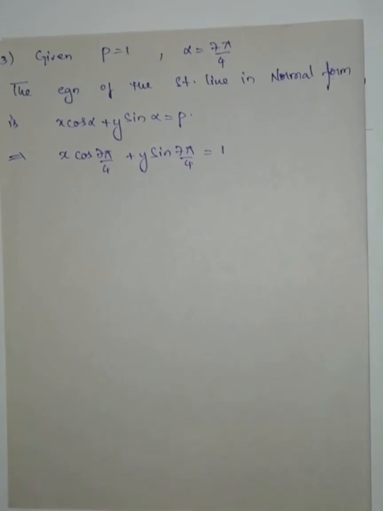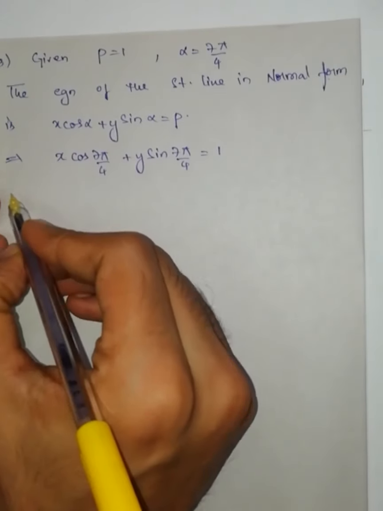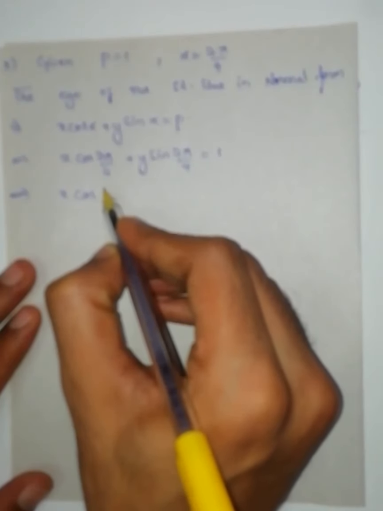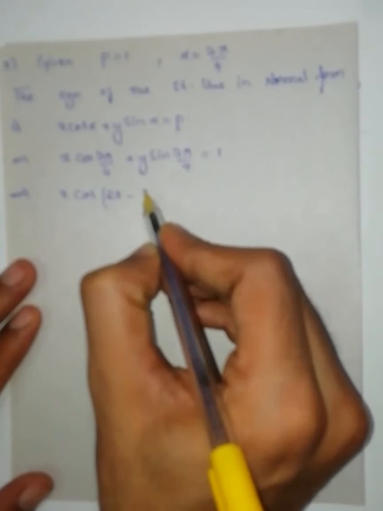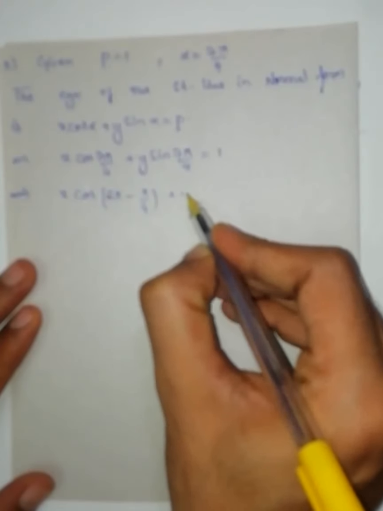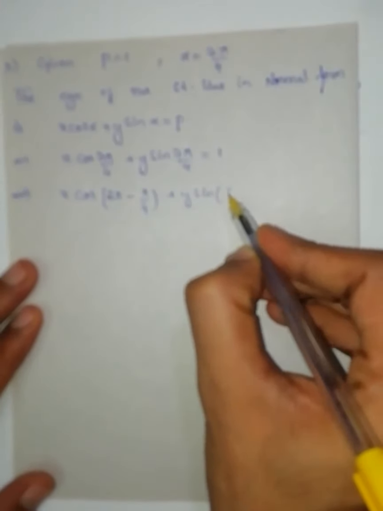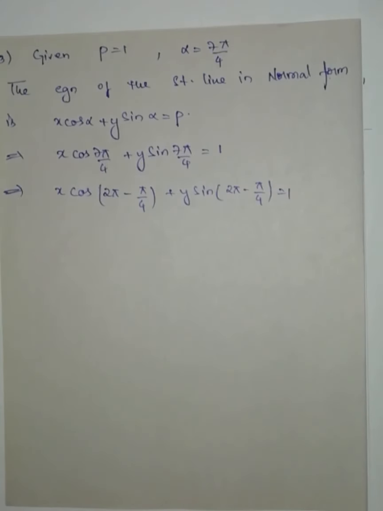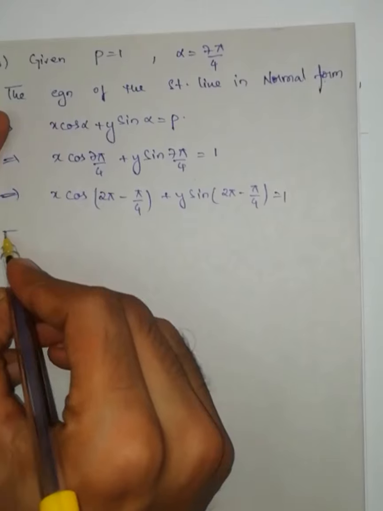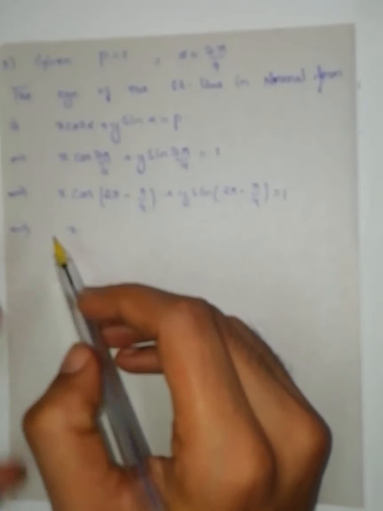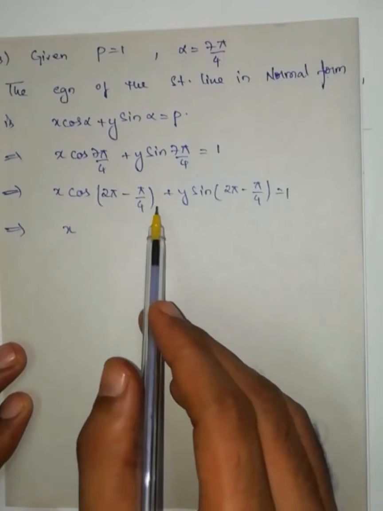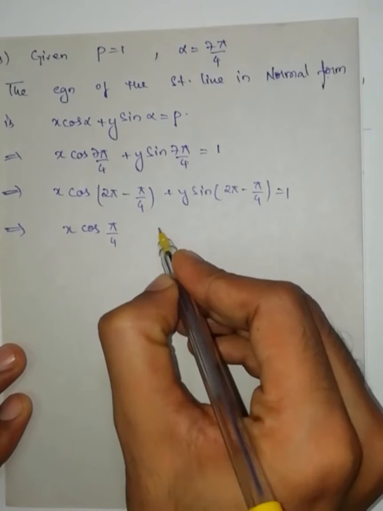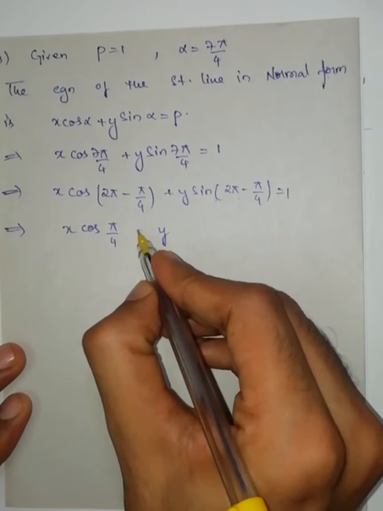This implies x cos 7 pi by 4, which can be written as 2 pi minus pi by 4, plus y sin (2 pi minus pi by 4), is equal to 1. Cos (360 minus theta) is cos theta, and sin (360 minus theta) is minus sin theta.